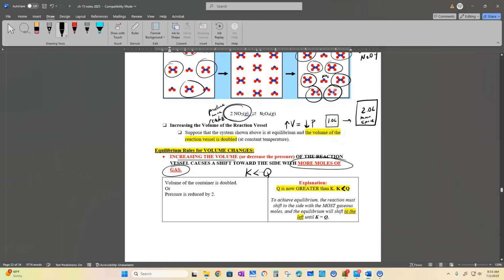Oops, bad cut and paste. My Q is now greater than my K, so I need a shift to produce more reactants, so it's going to go to the side with the most gaseous moles, aka reactant side. And I'm going to shift to the left, and why? Because that's where the reactants are. So that way my K equals my Q.